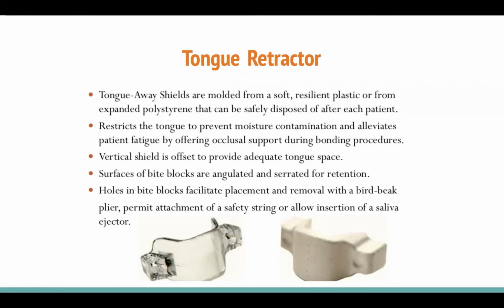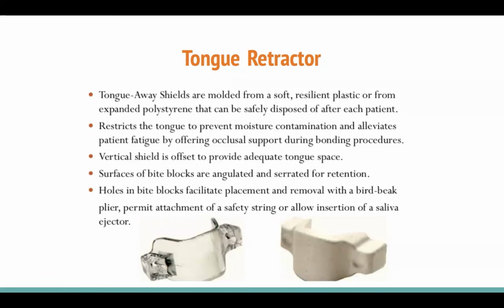It's a shield which is molded from soft resilient plastic or expanded polystyrene material that can be safely disposed of after each patient. It restricts the movement of the tongue to prevent moisture contamination and alleviates patient fatigue by offering occlusal support during the bonding procedure.